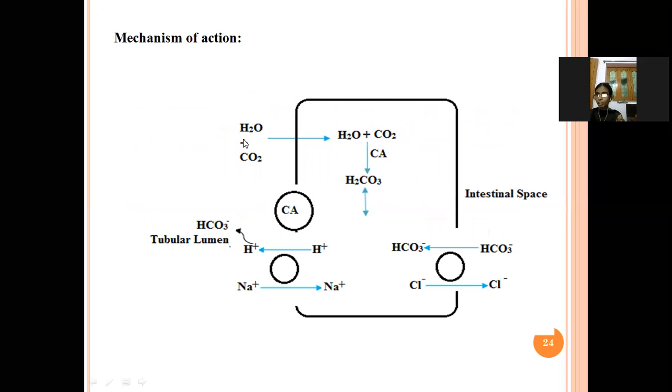The water molecule and the carbon dioxide combine to form carbonic acid, which gives bicarbonates. If we introduce the carbonic anhydrase inhibitors, for example acetazolamide, it will inhibit the conversion of water and carbon dioxide to bicarbonates, and also inhibit the reabsorption of sodium, potassium, calcium and bicarbonates.